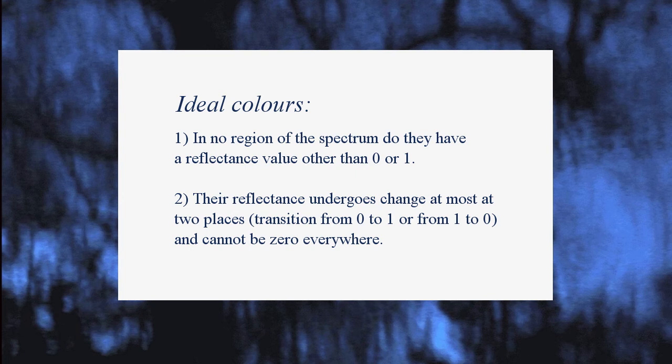A reflectance function with more than 2 transition places does not give rise to any new color. This is even true for other modulations of a full spectrum. Any color can be shown to be chromatically equivalent with some ideal color under a given illumination. This means that the system of ideal colors is all-embracing.